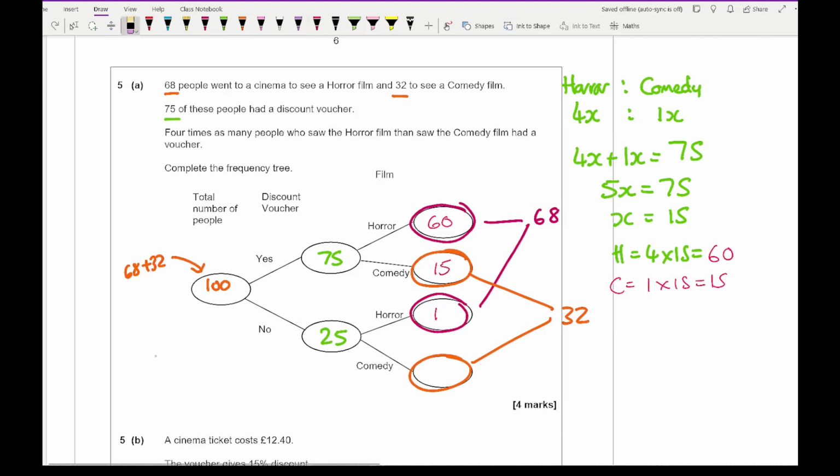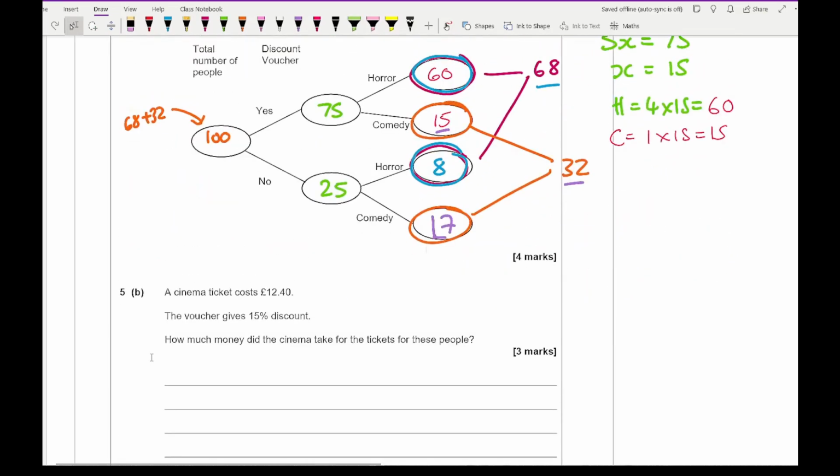Let me just rub out that one there. So then from this, I can work out what those missing numbers are, because this number plus this number needs to add up to 68. So that means that that's going to be 8. And this number plus this number needs to add up to 32. So if I do 32 take away 15, that gives me 17. And that completes my frequency tree diagram.